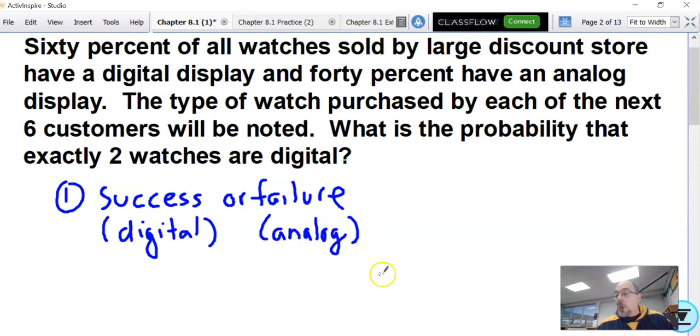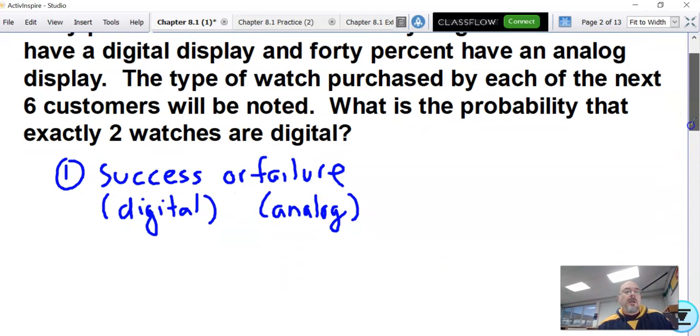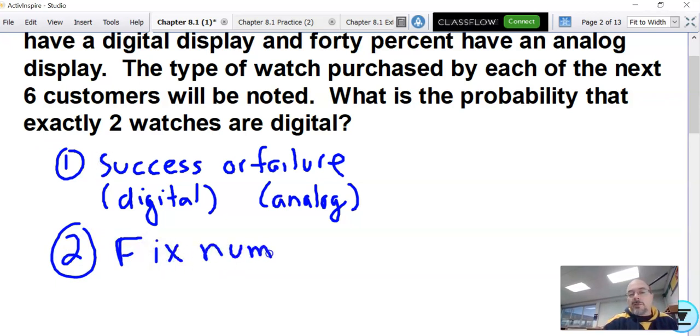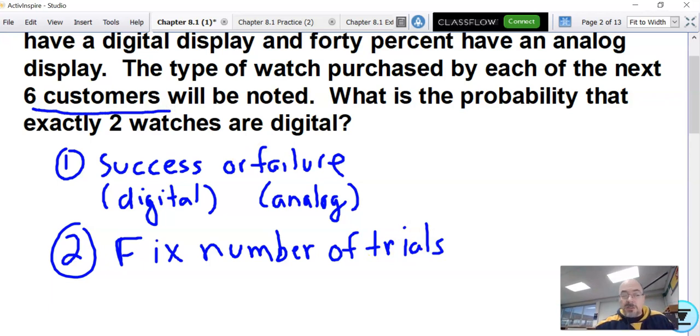If you don't, go look it up. All right. Number 2, the second condition is fixed number of trials. Well, it says there are 6 customers. It is fixed.